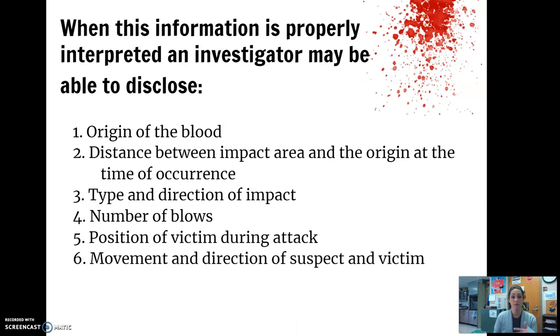And then if they were moving and which direction they were moving, the suspect and the victim. They will make estimates and take measurements and all that, but then they'll also go and test it. So they will have dummies and hit them with simulated blood to see if it gives them the pattern that they found at the crime scene.